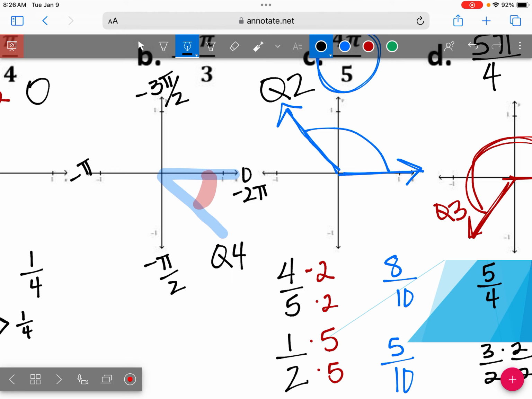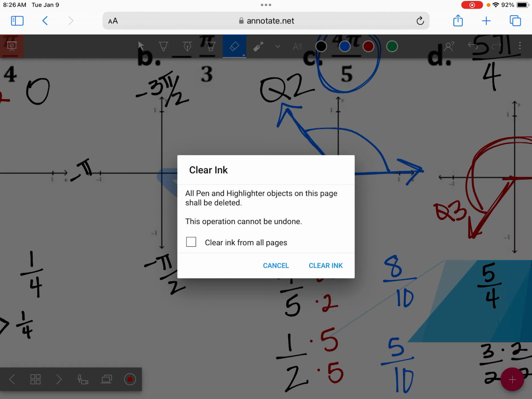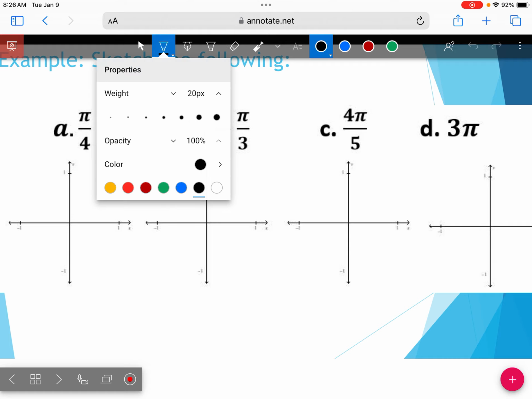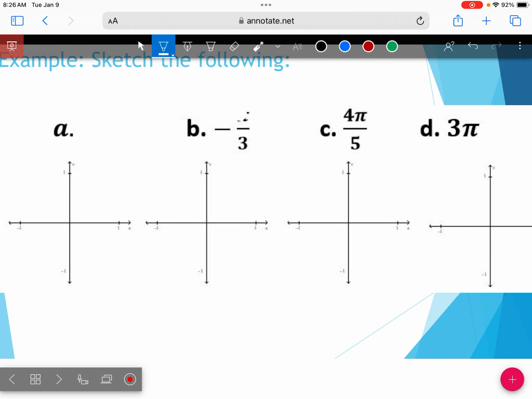All right, let's do some more practice. I know that's kind of all over the place. It's kind of hard to be neat on these questions. So I'm going to give you 4 for you to do on your own. All right, so the first one is, I wrote them on the board, 2 pi over 3.